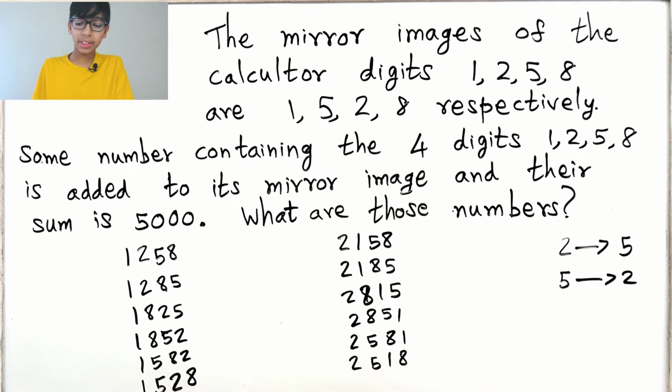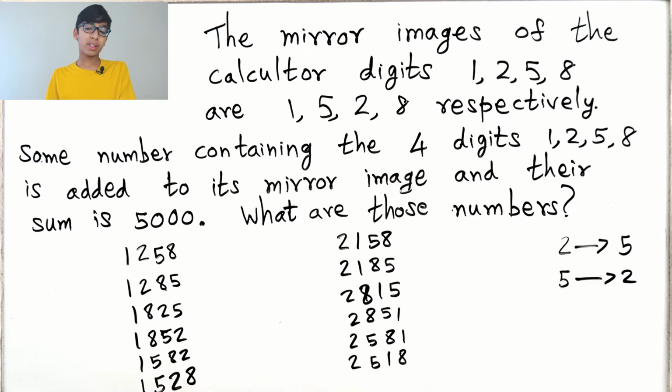Okay, so now here, this is all we can write because if we go to 5, well, it would be higher than 5,000, so we can't use that.